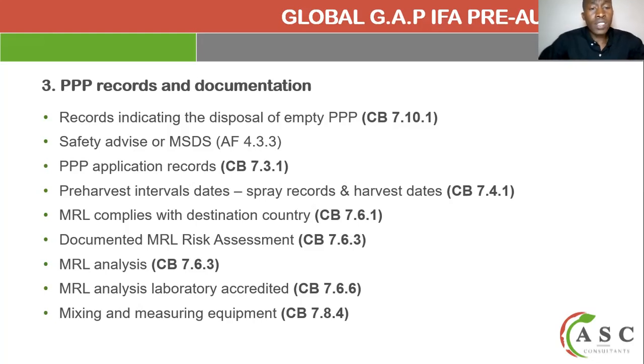Then your pre-harvest interval dates, your spray records and your harvest date must correlate. So this means that, for example, you are about to harvest, and you have just sprayed a particular chemical to control, say, for argument's sake, your citrus black spot. Now you have to give it a predetermined time period.